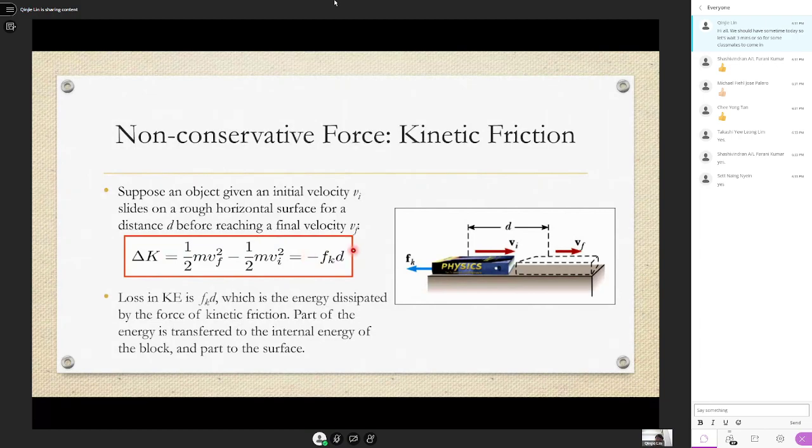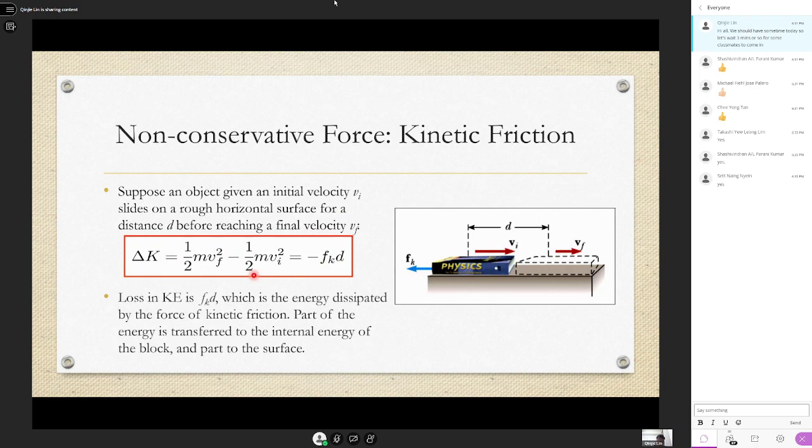You can see this equation as the difference in energy must be the amount of energy taken away by friction. Whatever energy the friction takes away will be the difference in energy.